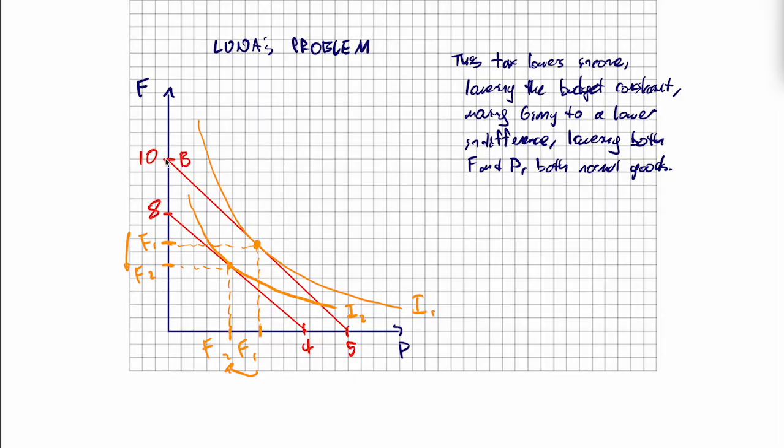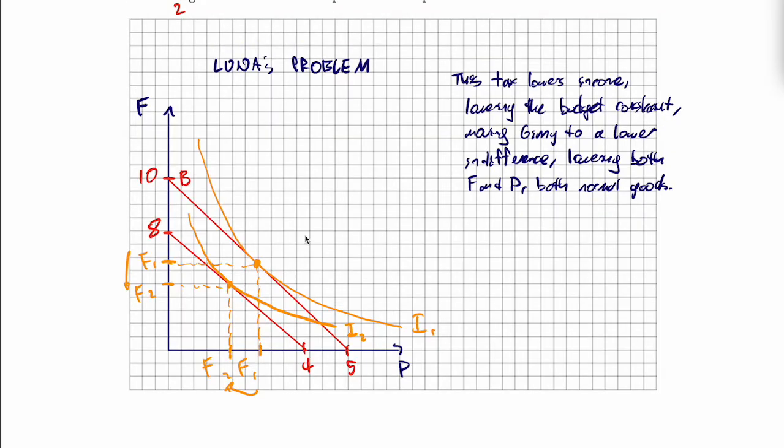Okay, so we have our original budget, or our post-technology budget, and what we're doing is simply shifting in the budget constraint.